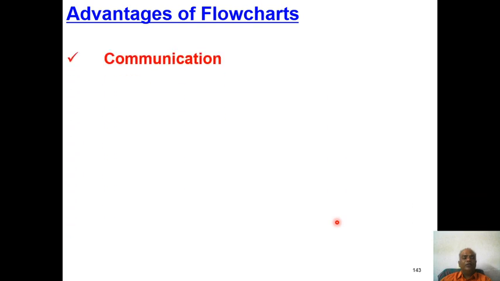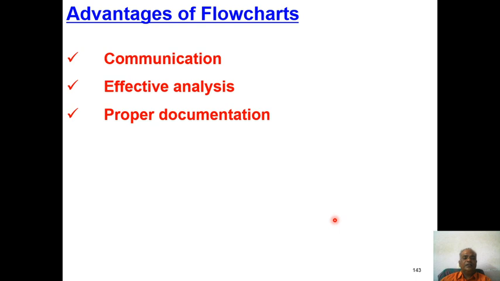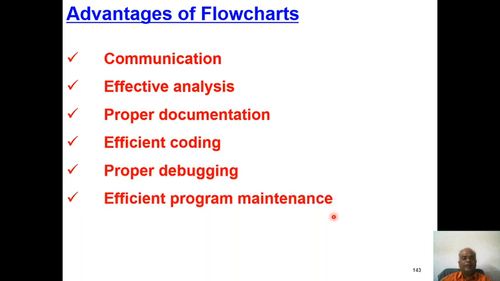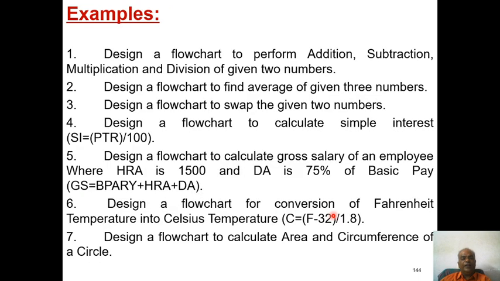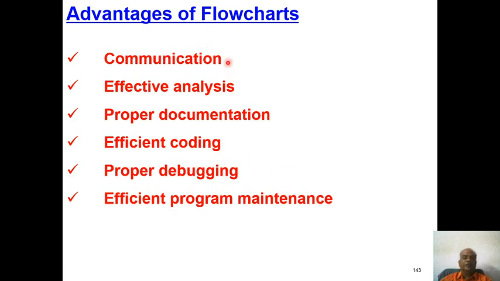The advantages of flowcharts: communication, effective analysis, proper documentation, efficient coding, proper debugging, and efficient program maintenance. By observing the pictorial representation with flow lines we can easily communicate. One picture represents more than a thousand words.